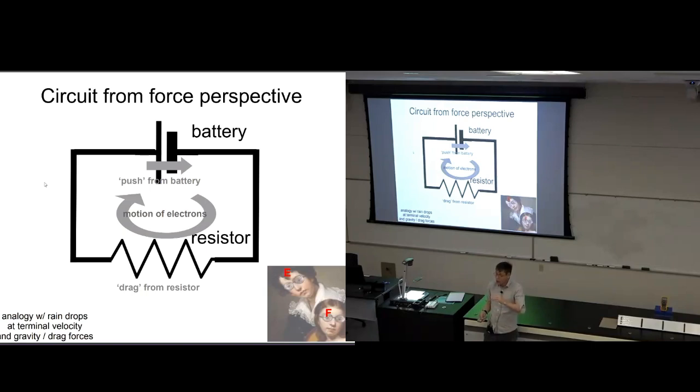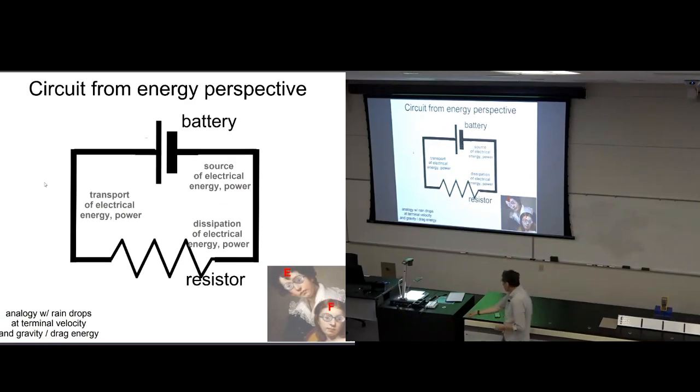They've reached a terminal velocity, a final velocity, where there's a balance between gravity pulling them down and the drag of the air that they're falling through counteracting the gravitational pull. And the same sort of thing is happening here. There's a force from the battery pushing the electrons around the circuit, and then there's a drag force on the electrons that is resisting their flow around the circuit. So it's just like raindrops falling to the ground, but in an electrical rather than gravitational context. But in both cases, there are drag forces that are opposing the gravitational or the electric forces.